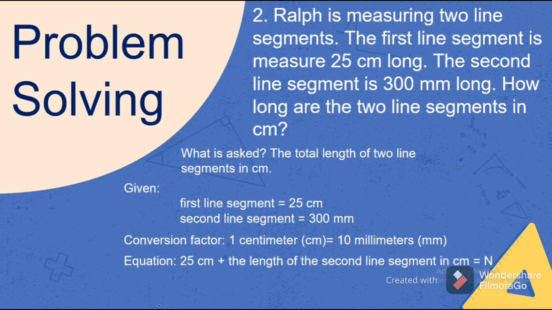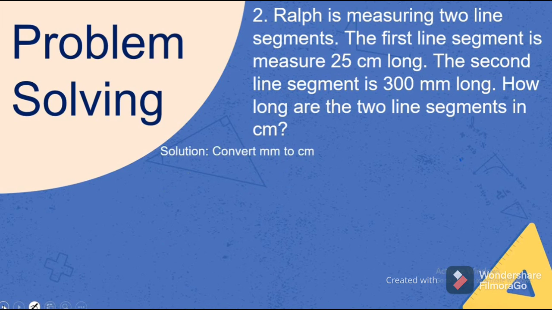Next is to form an equation. So we have 25 centimeters plus the length of the second line segment in centimeters is equal to n. Solution. Convert millimeters to centimeters. Start with 300 millimeters over 1. Multiply by a fraction, 1 centimeter over 10 millimeters.